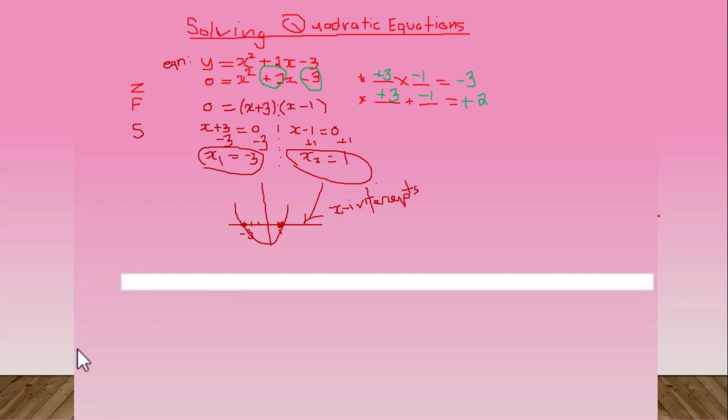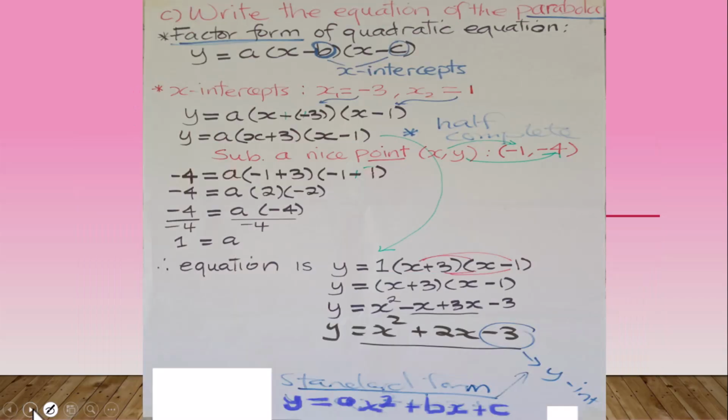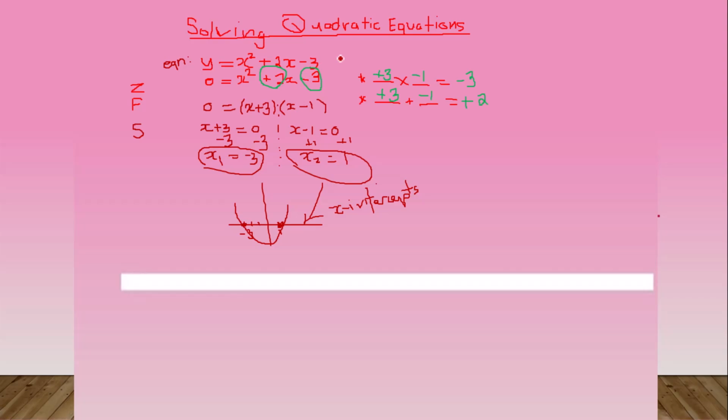Okay, so let's get going. Here is the factor form of the quadratic equation, and take note, this here is the standard form. Remember, when we were trying to solve, we started with the standard form, and then we ended up with the factor form, and then we solved.